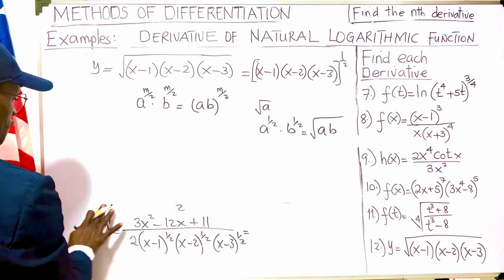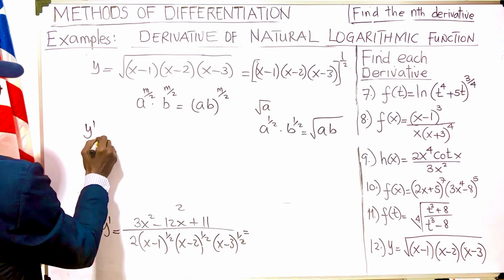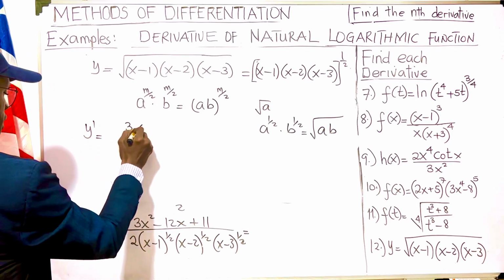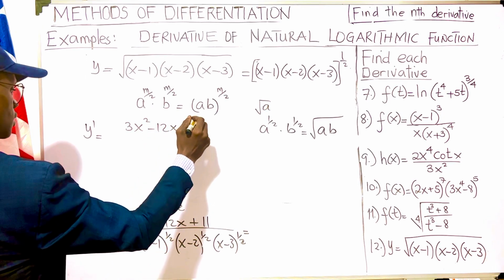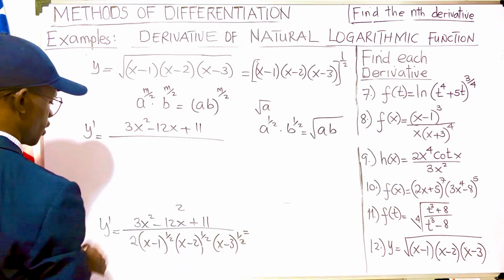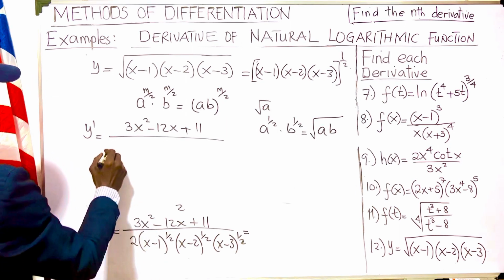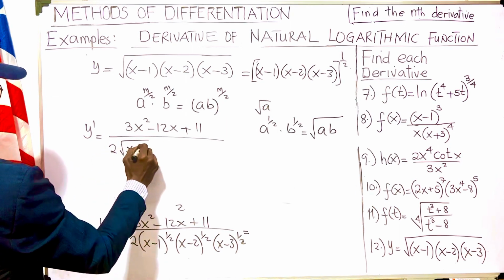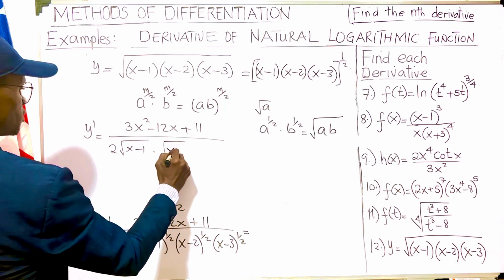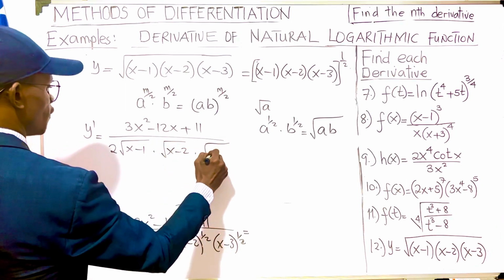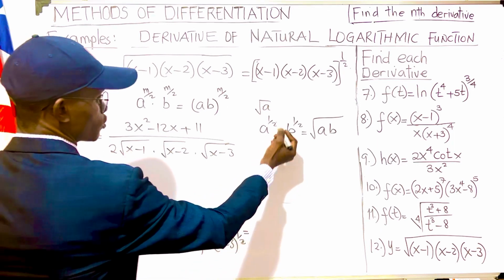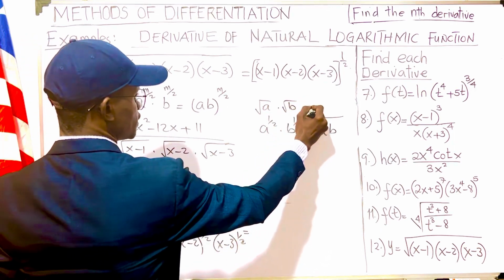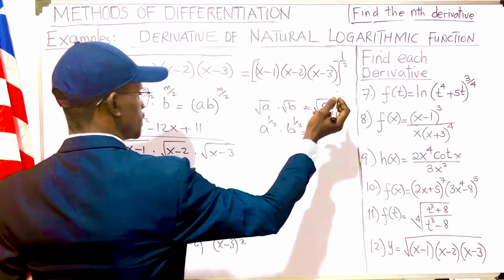So now we can have y prime to be 3x squared minus 12x plus 11 all over 2, the root of x minus 1, the root of x minus 2, the root of x minus 3. So using this, the root of a times the root of b is equal to the root of ab.